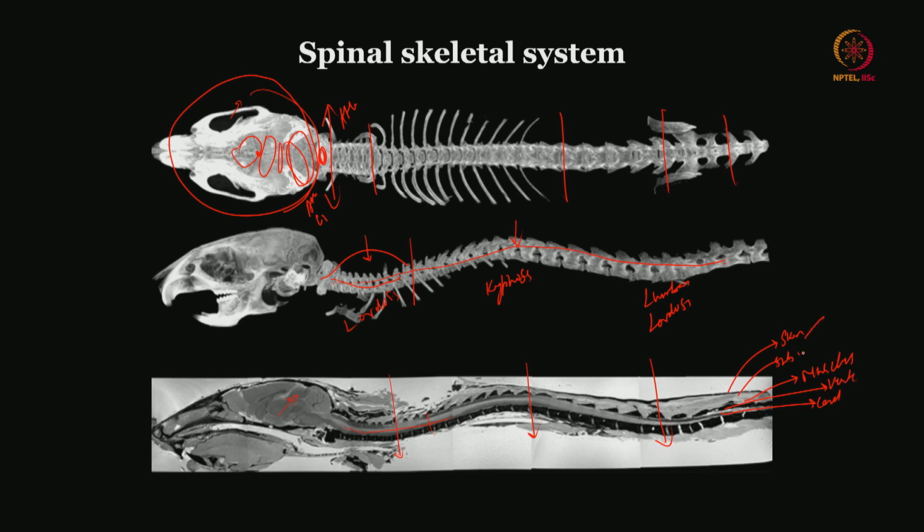So skin, subcutaneous tissue, paraspinal muscles, which we just discussed. Then comes the vertebra, that is the spinal vertebra, that is this. After that layer there are multiple meningeal layers of dura, arachnoid, pia. Only then you will be able to visualize the spinal cord.